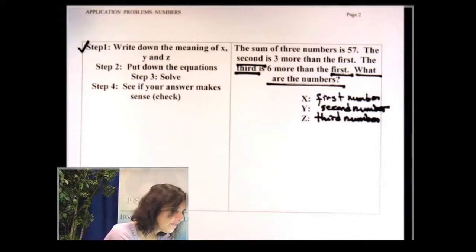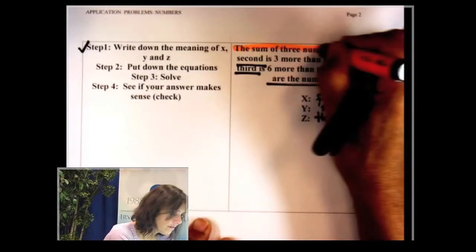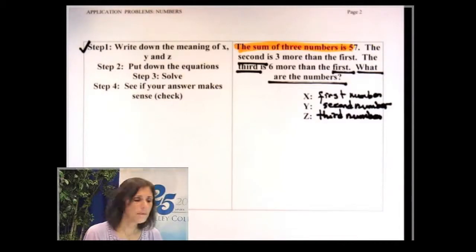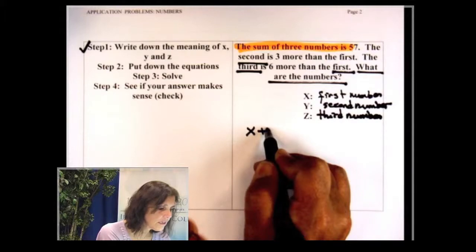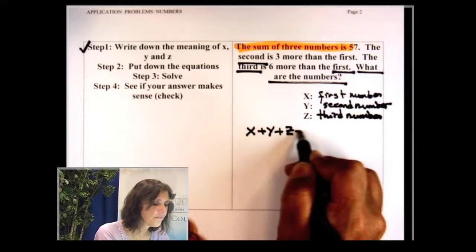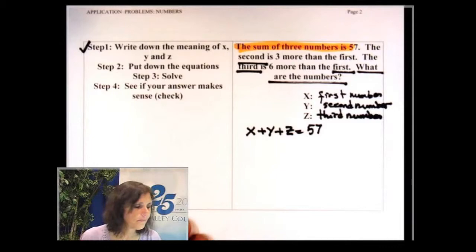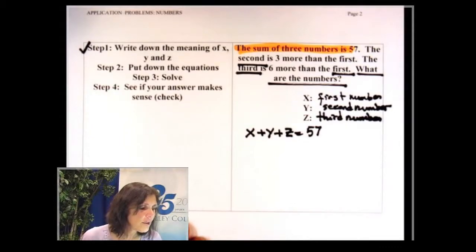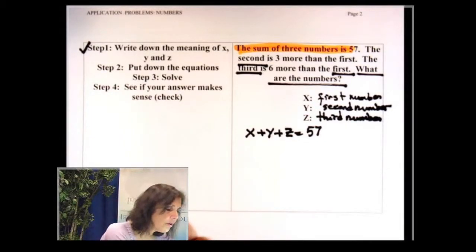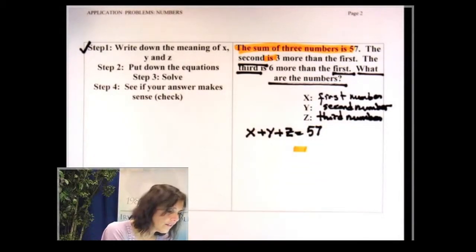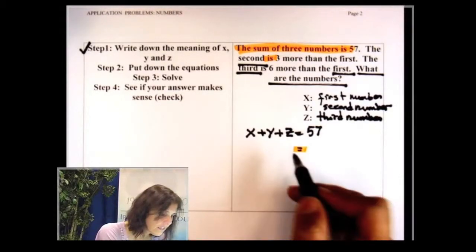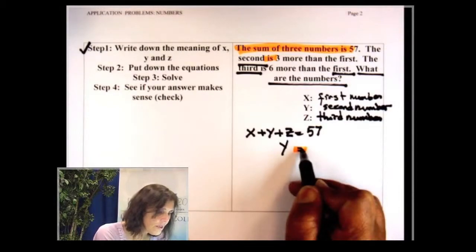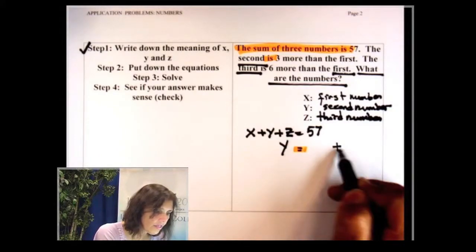The sum of three numbers is 57. Okay? Sum means X plus Y plus Z equals 57. Very good. The second is 3 more than the first. Now, the word "is" is going to be the equal sign. Second is 3 more than the first.